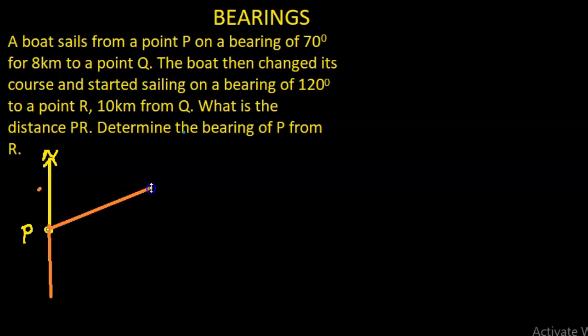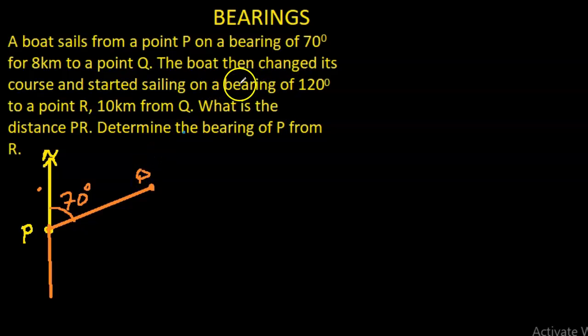Is that so? Yes. Good. And now I want to put in your angle, 70 degrees. A bearing is always measured from the line coming from the north, and of course going to Q.